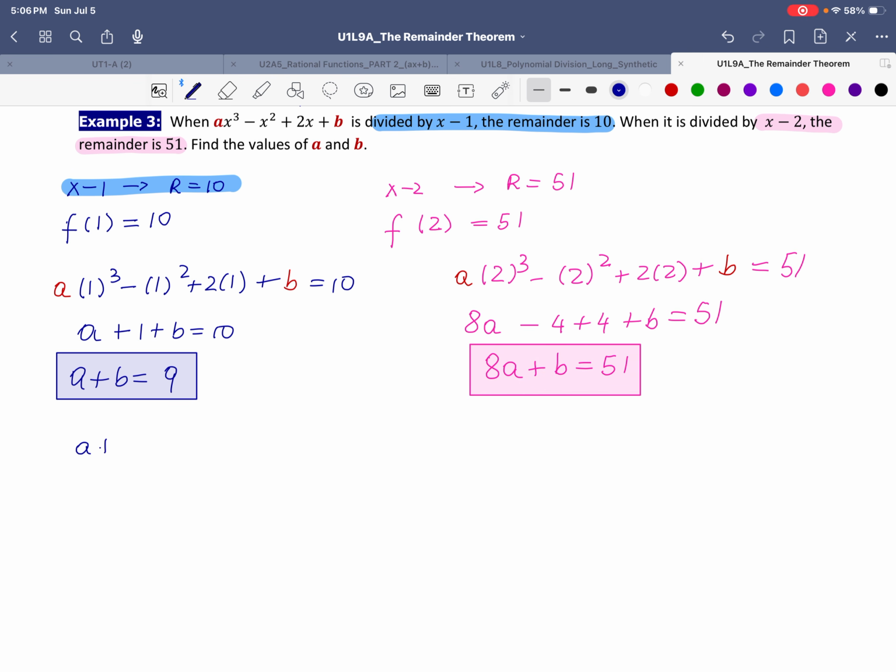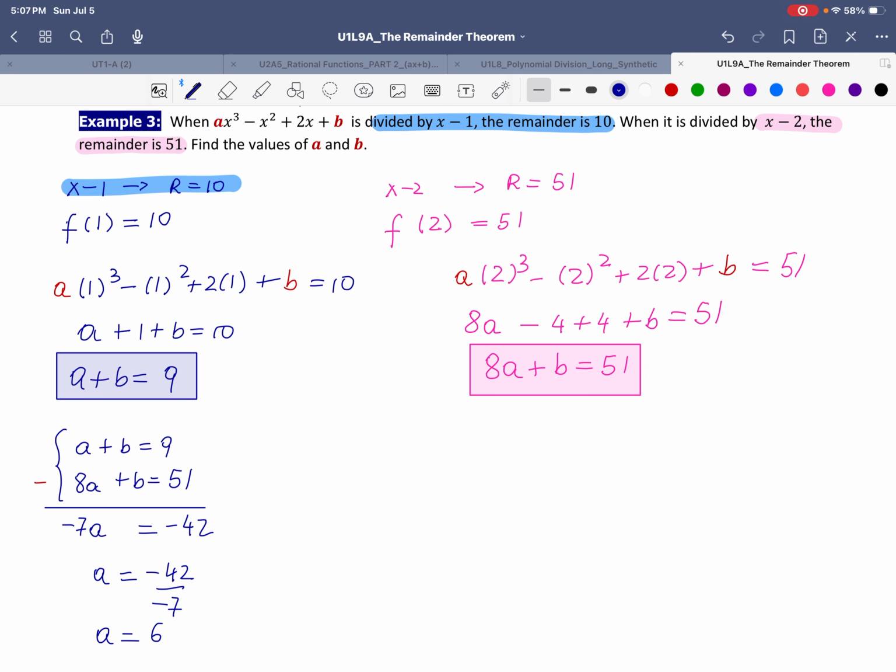So if a plus b is 9 and 8a plus b is 51, I can subtract these two equations, and by elimination we'll find that a minus 8a, negative 7a, b minus b will be nothing, and 9 minus 51 will be negative 42. So that will make a equal to negative 42 divided by negative 7, or 6.